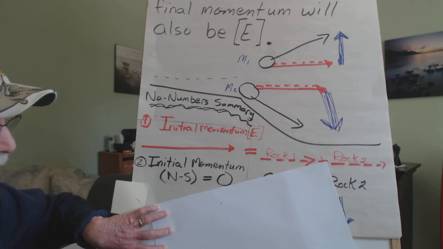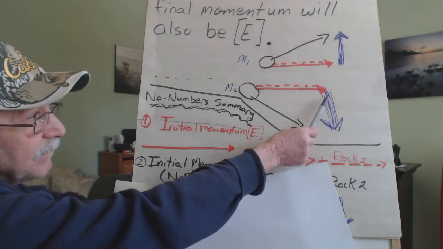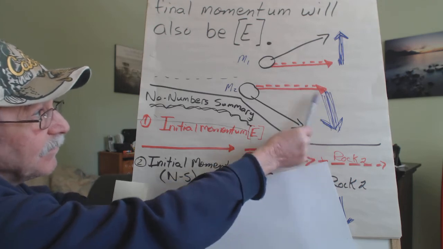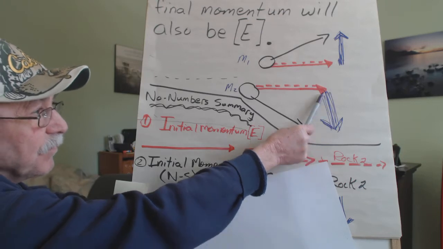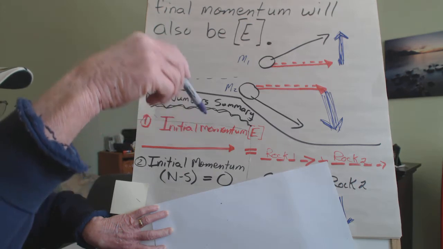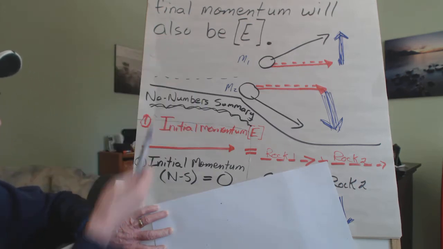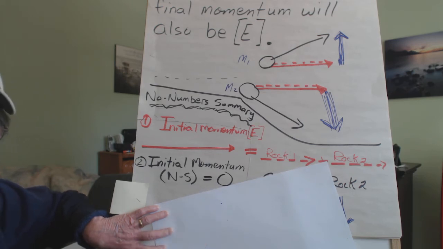But we know that we've got movement, and this diagram represents the momentum of one rock going down and the other going up. So we have a total of 0.